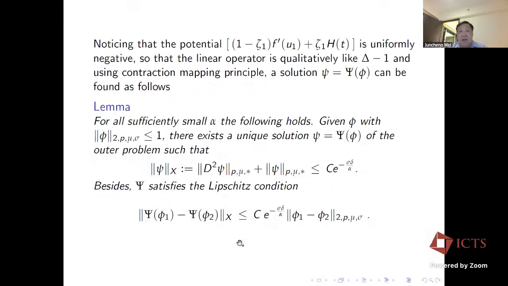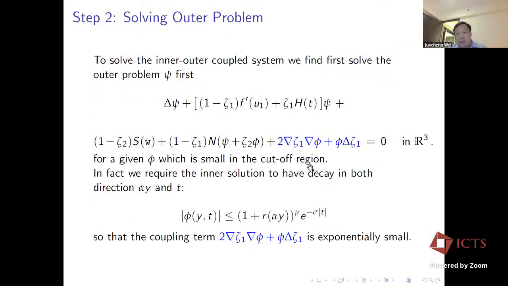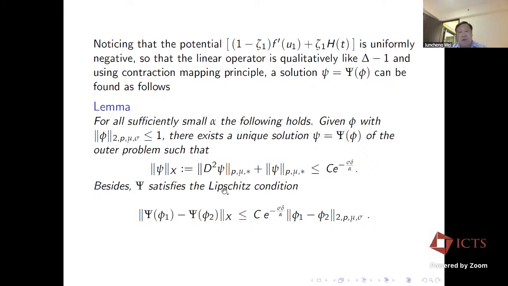Then by the rectangular theory, if you fix a phi, you can find an outer solution which is exponentially small, because the cutoff is in this region. In the coupling region, the phi is exponentially decaying, and this map is Lipschitz. If you take different phi one and phi two, the outer problem is Lipschitz. So we can solve the outer problem.